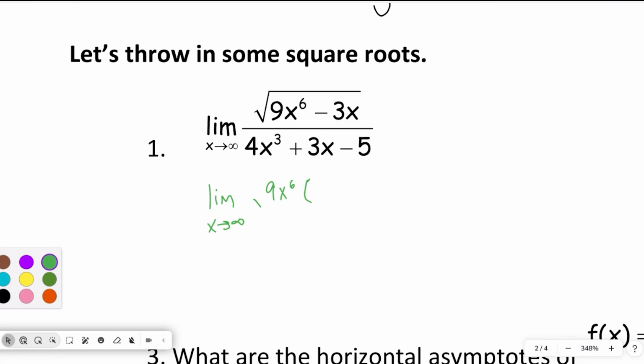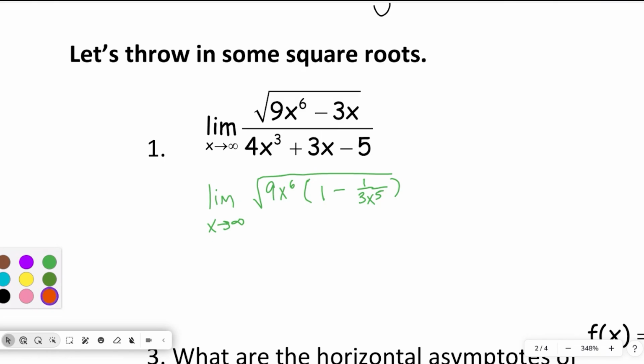I'll just include that square root on here, times 1 minus 3 over 9 would reduce. So would that be 1 over 3x to the 5th? Is that right?